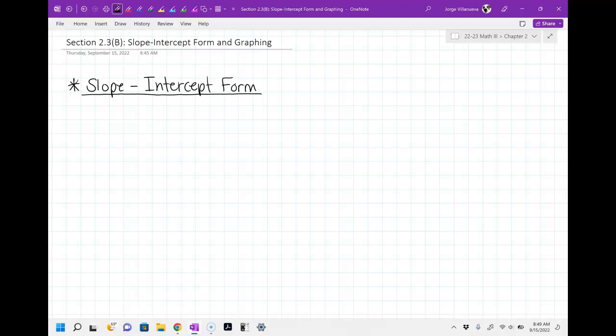Anyway, the formula for slope-intercept form shows up there. Okay, in some of the weirdest places. It's always there. So this is our formula. Y equals mx plus b, where m is our slope and b is our y-intercept.